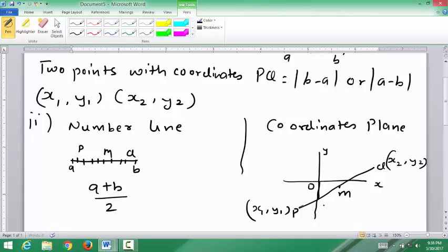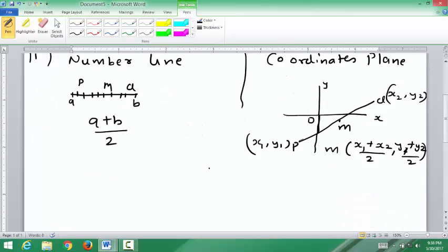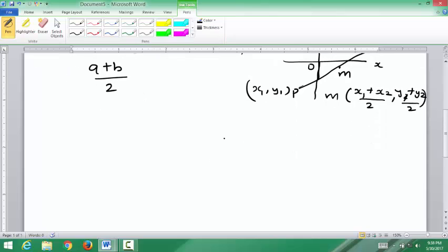So M is the midpoint. The coordinates of the midpoint of a segment whose end points have coordinates x1, y1 and x2, y2 is M: x1 plus x2 divided by 2, y1 plus y2 divided by 2. This is the midpoint formula. Now I'll take one example on the distance formula.